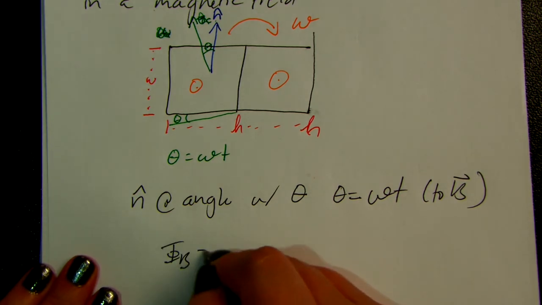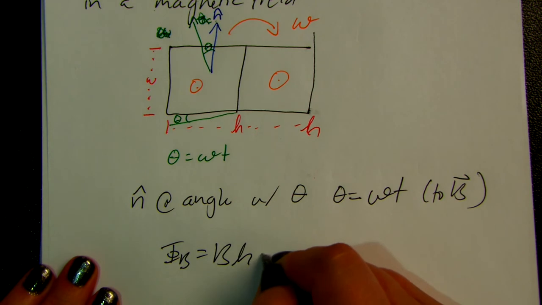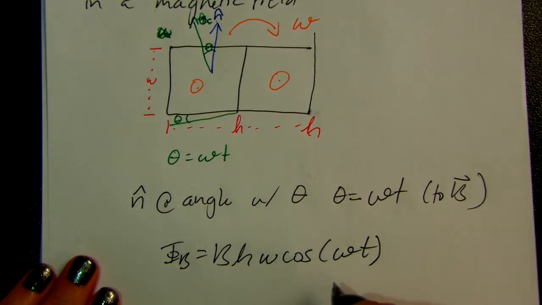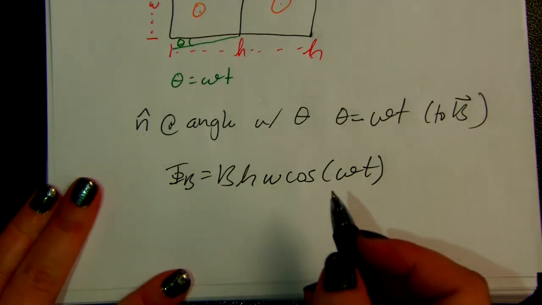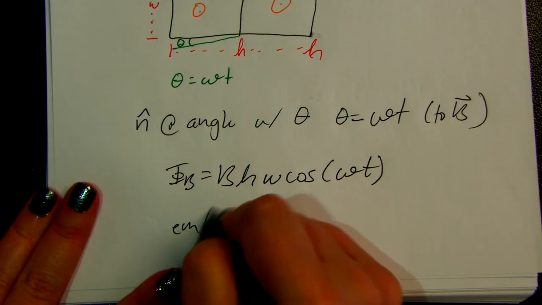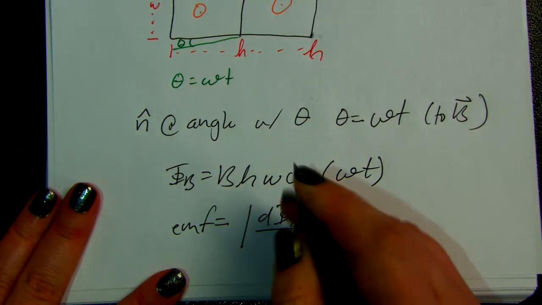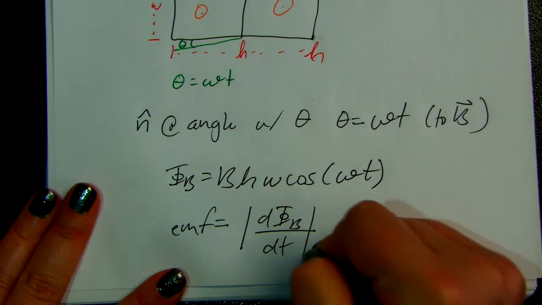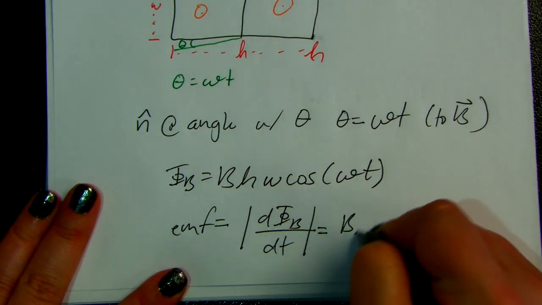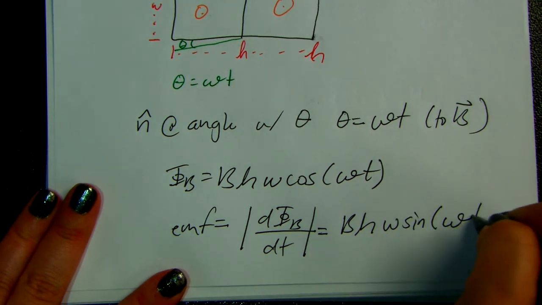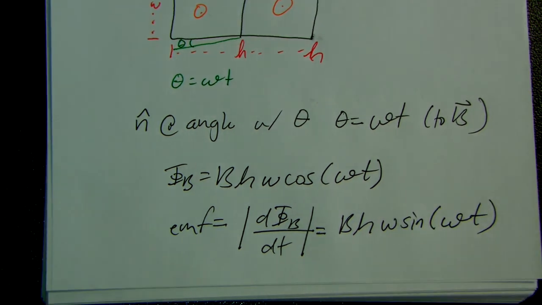And the magnetic flux is equal to B H W cosine omega t. I know W and omega, these are two different things. And so EMF is equal to the change in magnetic flux divided by dt, which is equal to B H W omega sine omega t. So this is the same result as we got in Chapter 20.